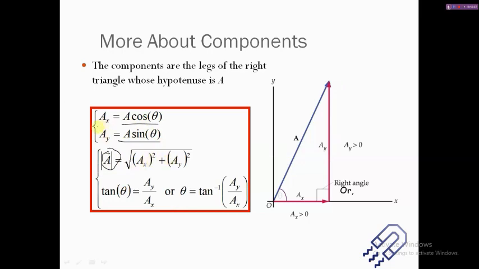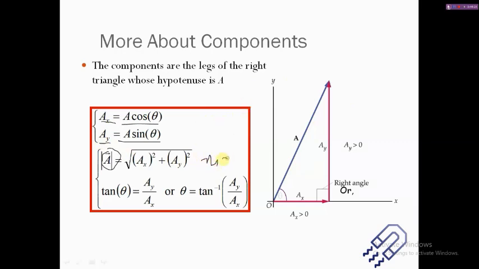Suppose I know ax, which is a cos theta, and ay, which is nothing but a sin theta, right? Now I want to find out what A is. Vectorially A would be ax plus ay, correct? But I am not interested in the vector addition. I am interested in finding the magnitude of ax and ay.